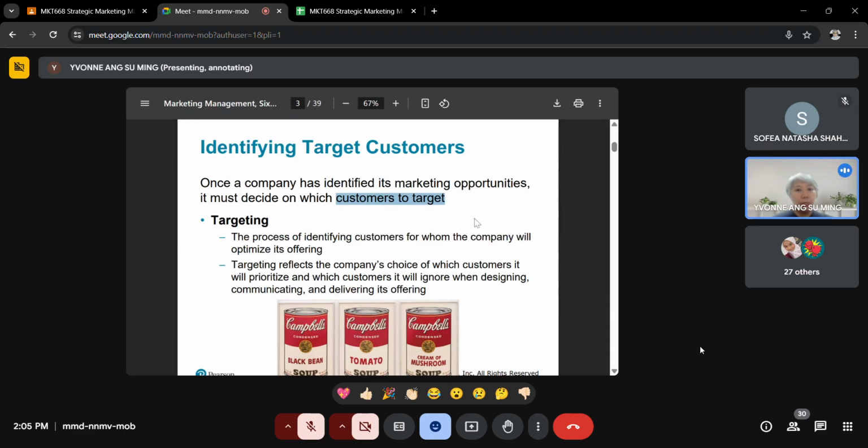So therefore, when that organization wants to target consumers from the different segments that are available, it might ignore some segments.